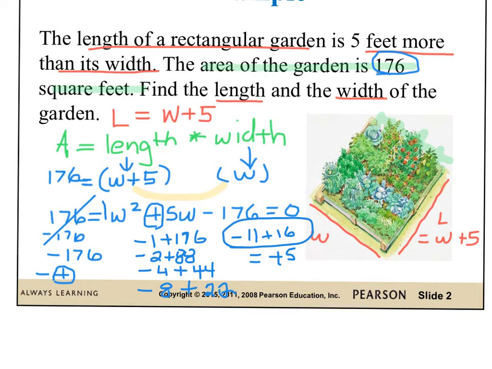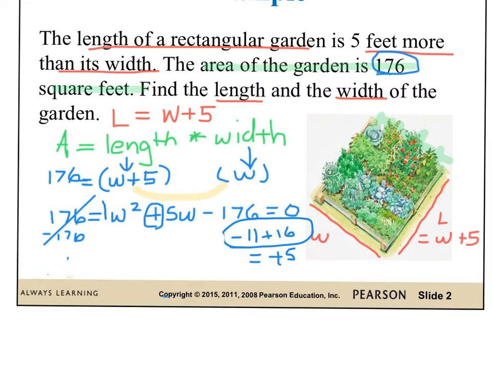And so at this point, I'm going to erase some of this to give us the room to actually do our factoring. And so here goes our factoring.